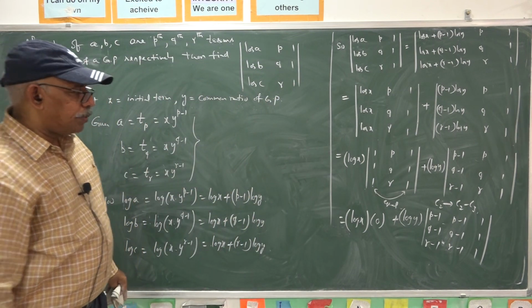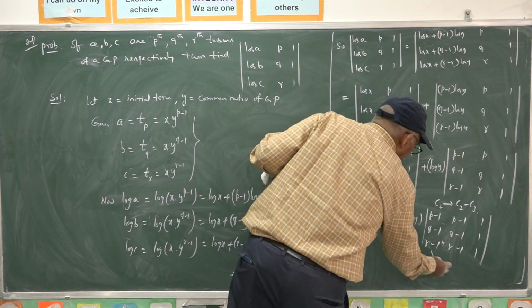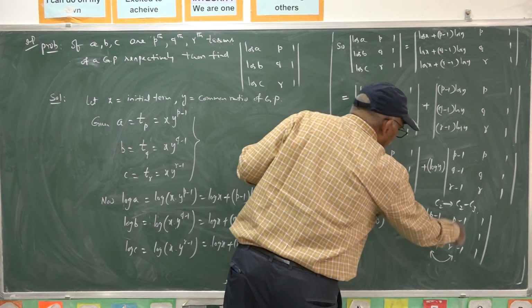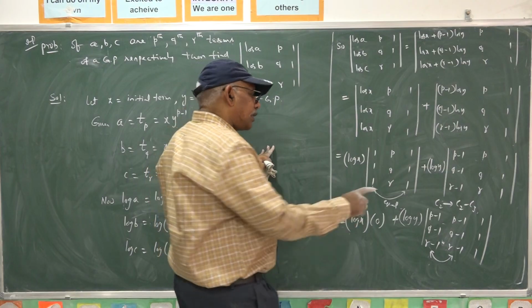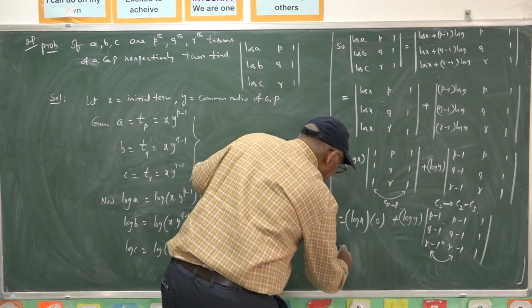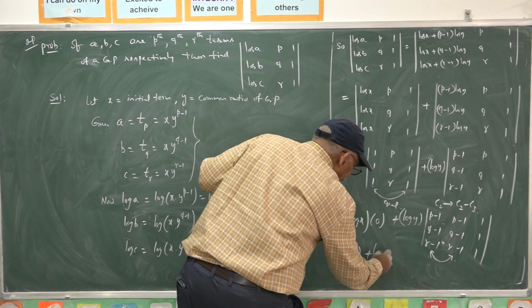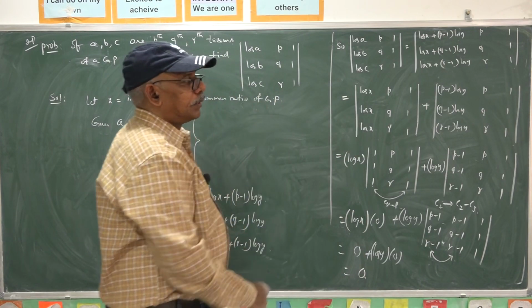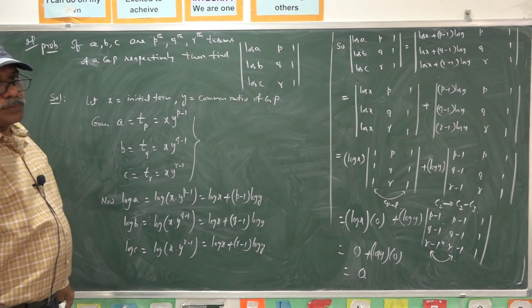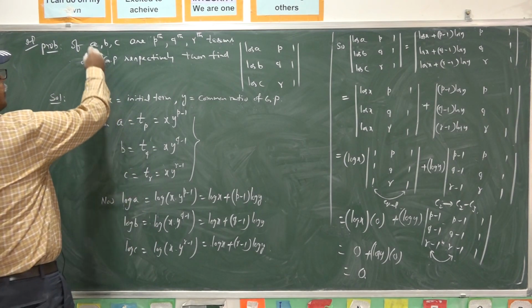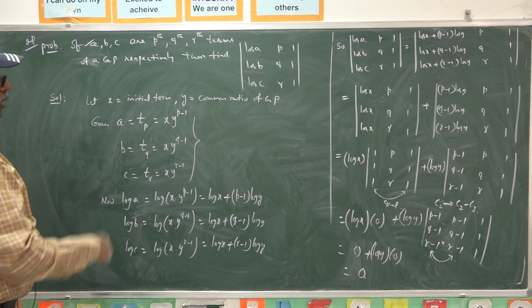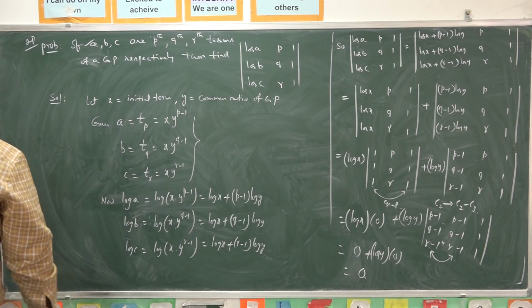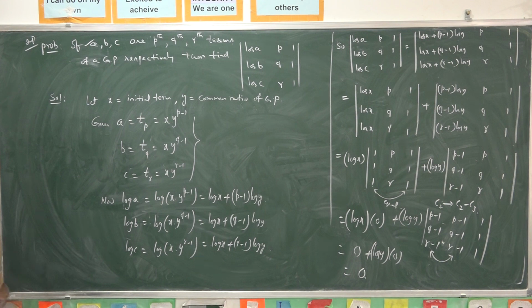So that we can equate the two columns, column 1 and column 2, in this determinant. Hence, that also becomes 0. So, it becomes 0 plus log Y into 0. Totally the determinant value is 0. This is the way of evaluating the determinant based on the given condition. This is also one important problem, even for objective examinations.